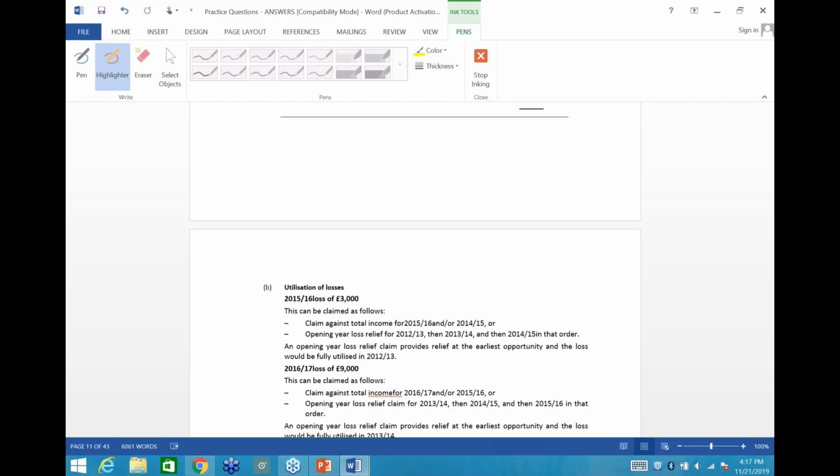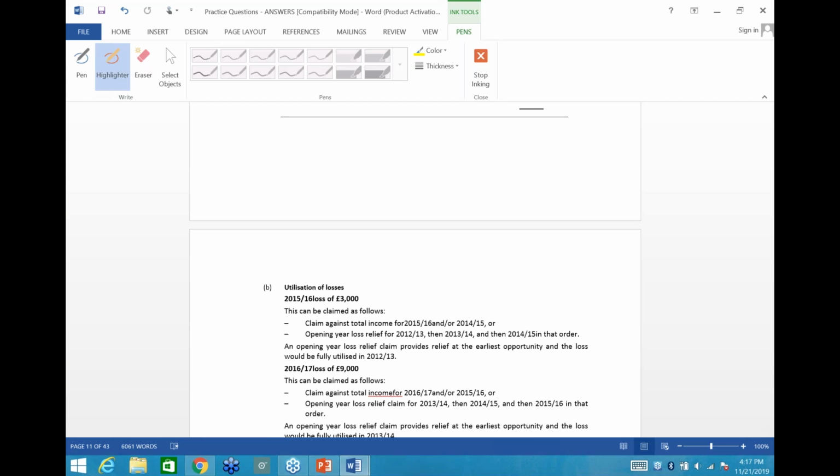In this question, they want us to consider only the losses incurred during the first 2 tax years. Explain and show how the losses incurred in the first 2 calendar years of trading are to be relieved. So first 2 calendar years are 31st December 2016 and 31st December 2017. But these 2 losses fall into 3 separate tax years.